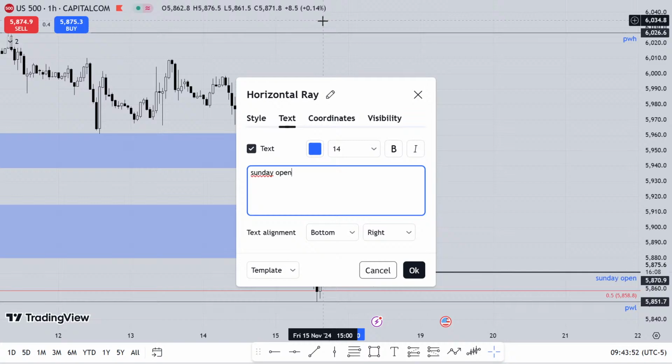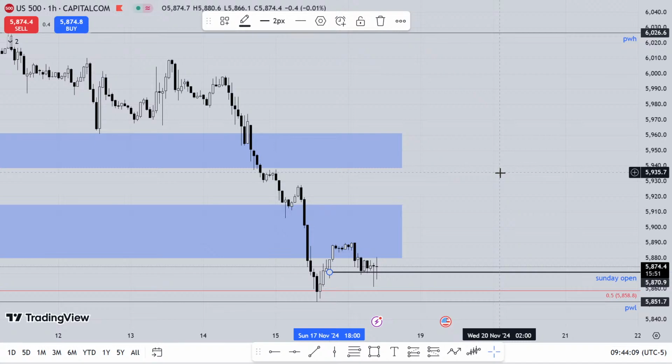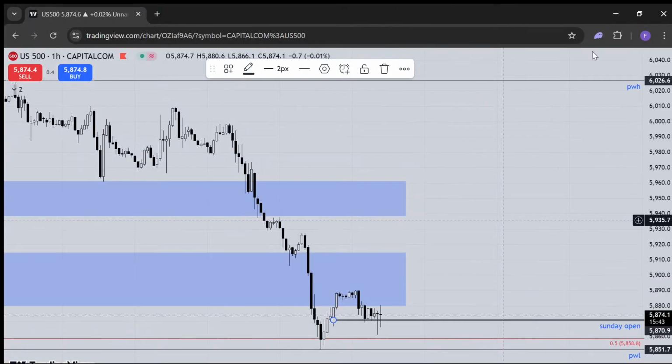Now, because we have a Powell speech that was released at 10 a.m., we would not be trading the ES for the New York session, because let me explain. When you have speeches like that, price will be going into a consolidation, and the dollar will also be inside of a tight consolidation.